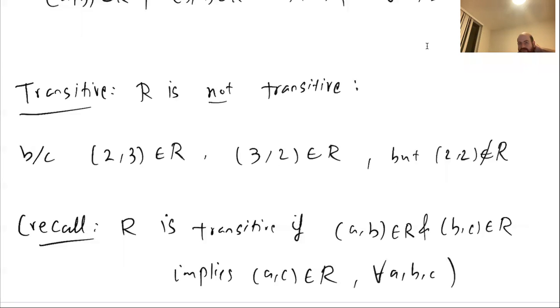Because 2 is equal to 2. R only contains the pairs (x, y) where x is not equal to y, but 2 is equal to 2, so (2, 2) is not in R.